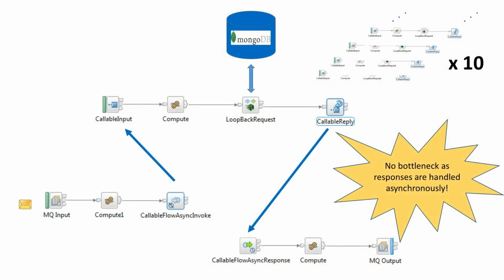The Callable Flow Async Invoke and Callable Flow Async Response nodes have removed the bottleneck that existed before. The Callable Flow Async Invoke node can process the next message without waiting for the response of a previous message, as the response is handled by a Callable Flow Async Response node in a separate thread of execution.